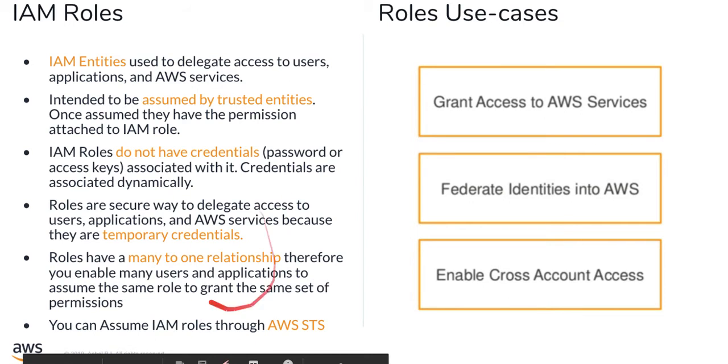These roles are assumed through the Amazon Security Token Service. This sets the permission which says what kind of role can be associated with the entity, or whether he can assume that particular role.